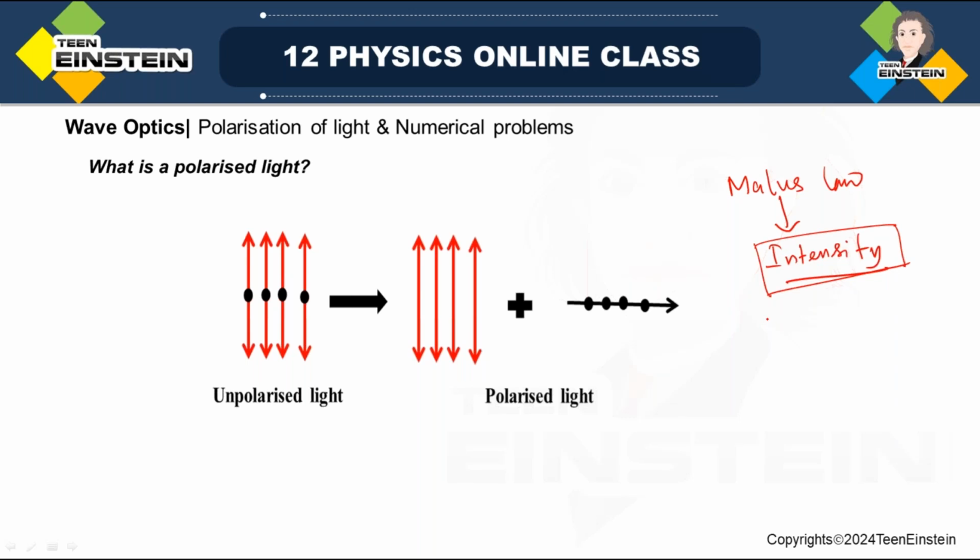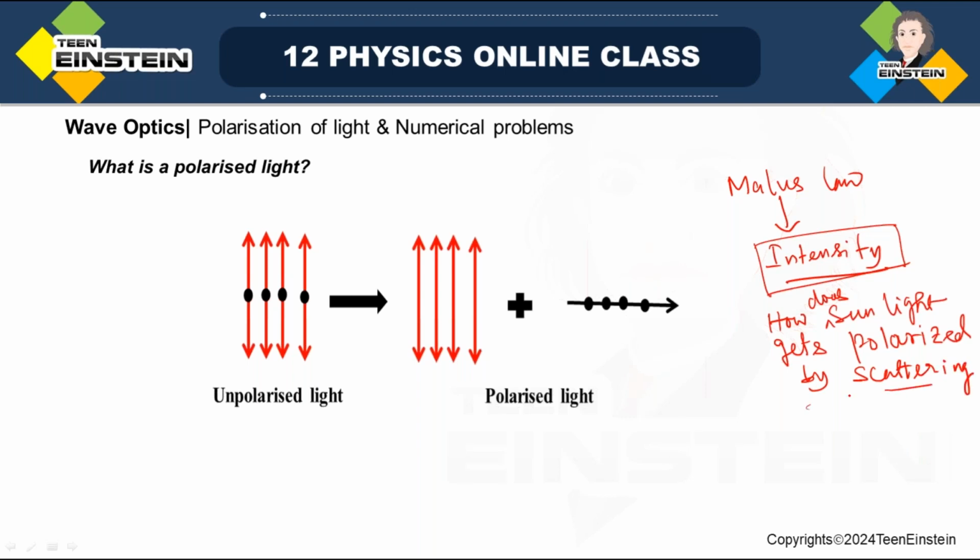Then we'll learn how sunlight gets scattered, or how sunlight gets polarized by scattering. Scattering happens where?